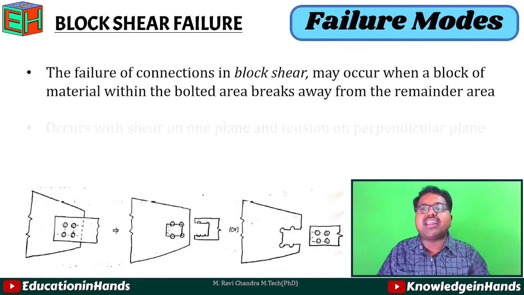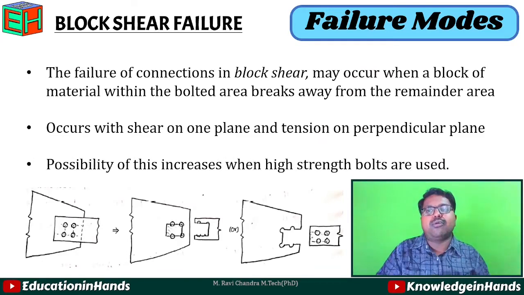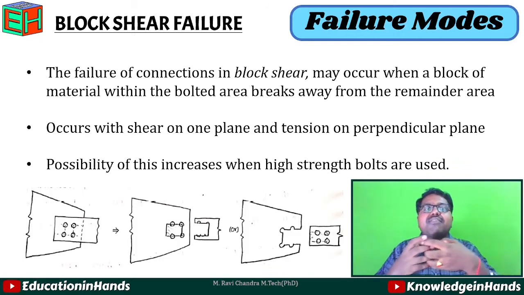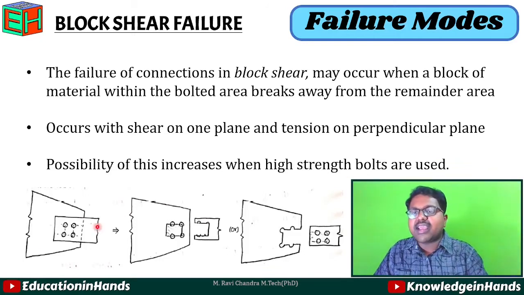And the last one is block shear failure. The failure of connections in block shear will occur when a block of material with the bolted area breaks away from the remainder area. For example, here four bolts connect a gusset and a member.